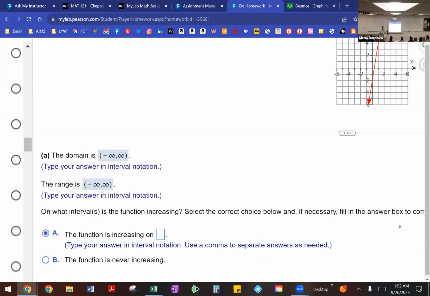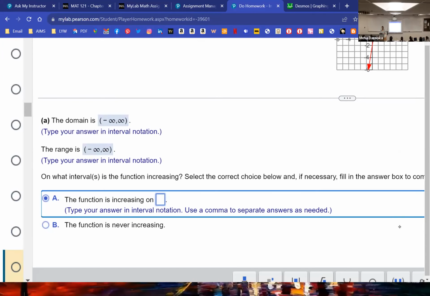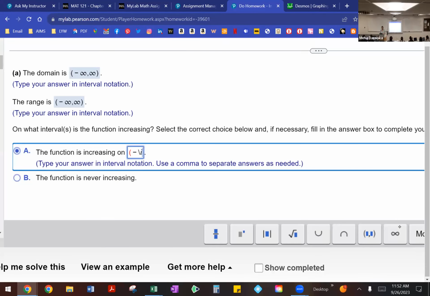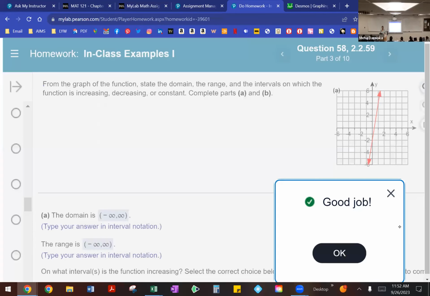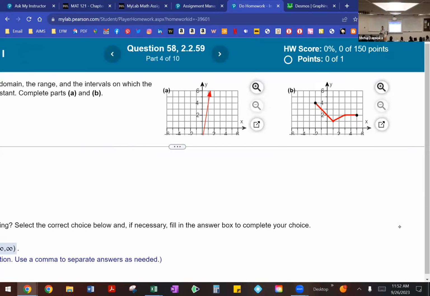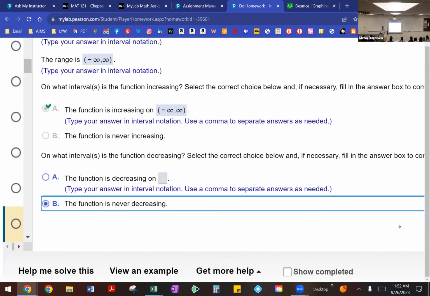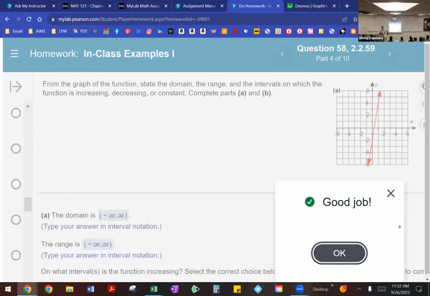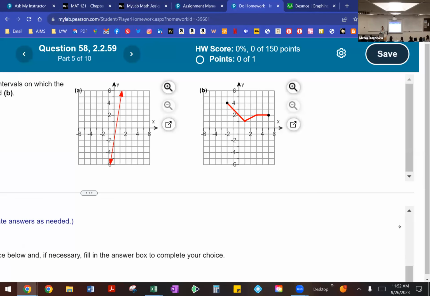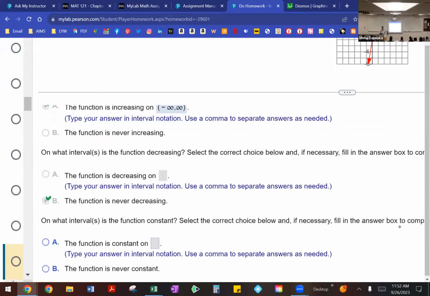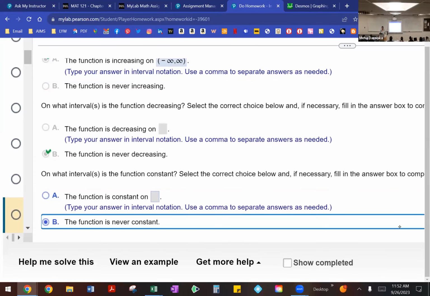So yeah, it's going to be the same as your domain. Negative to positive. All right, now we're getting into graph B. The function is not decreasing in graph A, which obviously we see the whole thing as an increasing slope. And it's not constant.